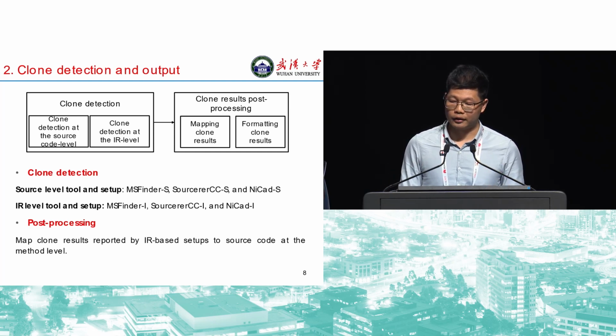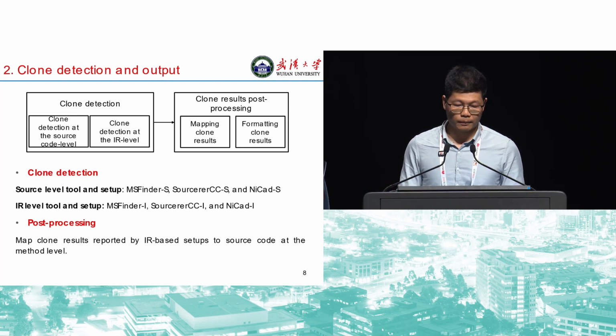NSFounder is developed by Huawei developers and is currently being used within Huawei. And SourcererCC and NiCad are 2 very popular clone detection tools. Prior research shows that these 2 tools yield great performance when applied at the source code level clone detection.